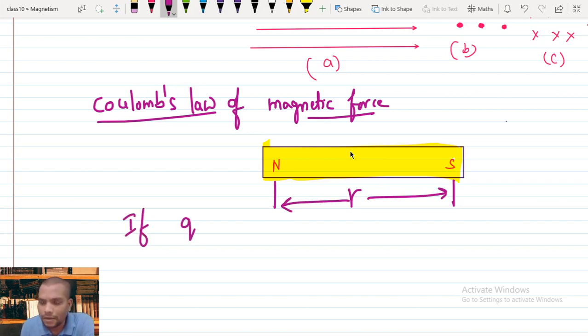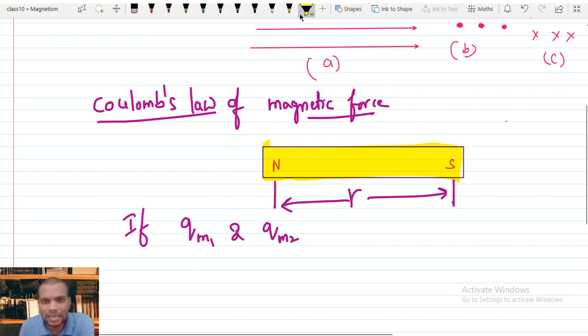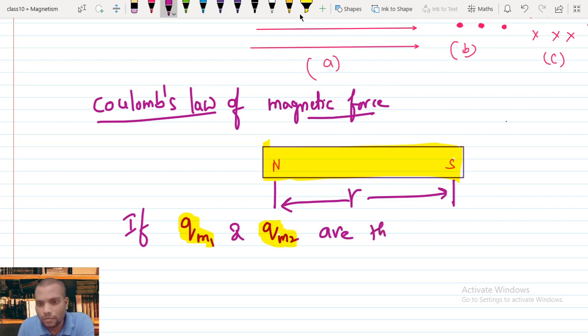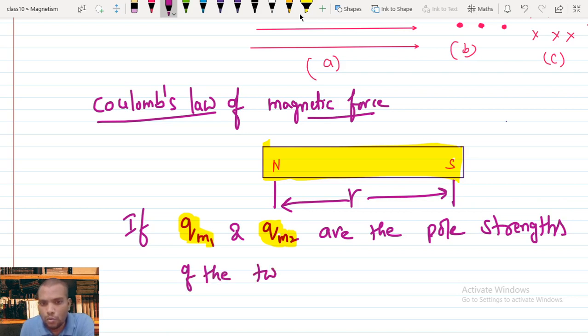If Qm1 and Qm2, this is one type of notation similar to charge that I want you to have. Later we will drop this kind of notation, but just for understanding purposes I am picking up the same kind of charge notation. Qm1 and Qm2 are the pole strengths of the two magnetic poles.